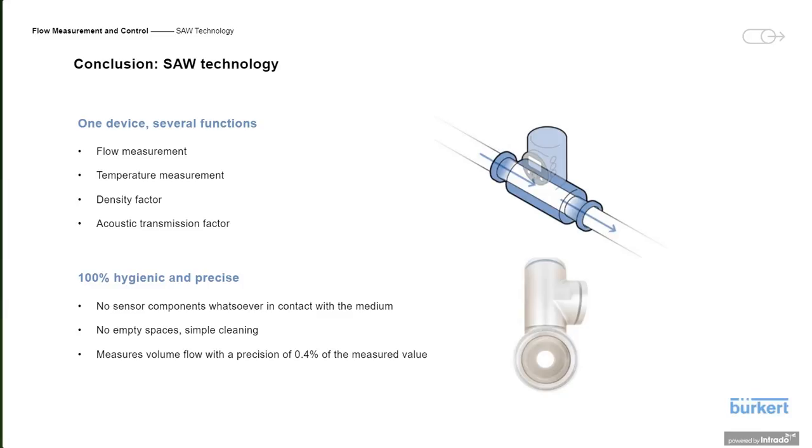And that allows you to do process monitoring and also phase separation. And you also get the acoustic transmission factor that is used to detect bubbles or particles in your system.